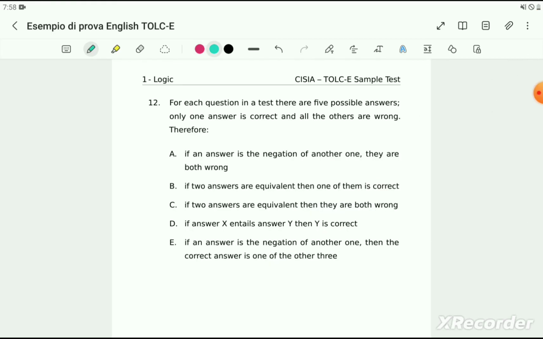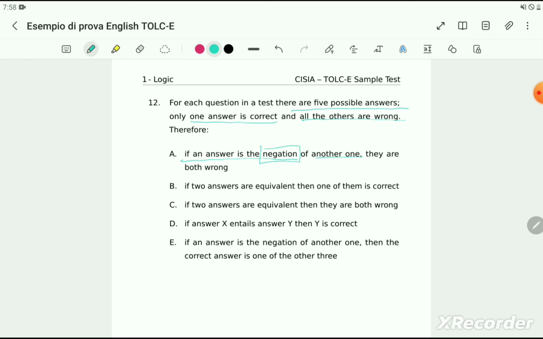There are 5 possible answers. Okay, 5 alternatives. Only one answer is correct and all others are wrong. Therefore, if one answer is the negation of another one, they are both wrong. Can we say that?